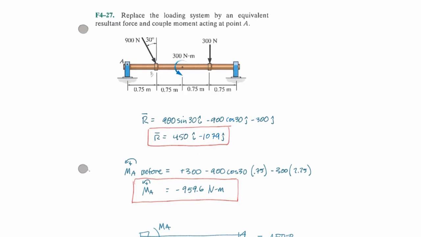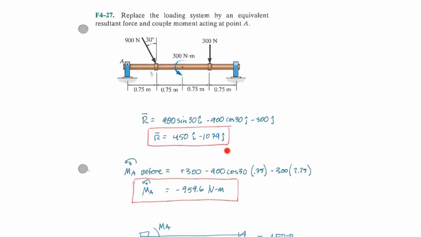F427 is another fundamental problem, and here it's saying replace this loading system by a resultant force and couple system acting at point A. So a similar kind of thing where there's going to be a cosine component and a sine component, 30 Newton, and I got this was going to be a positive.